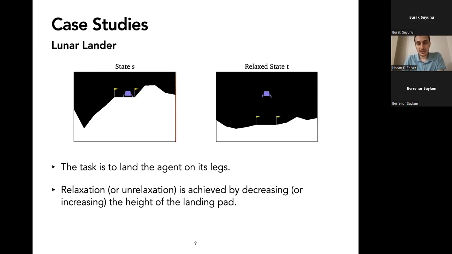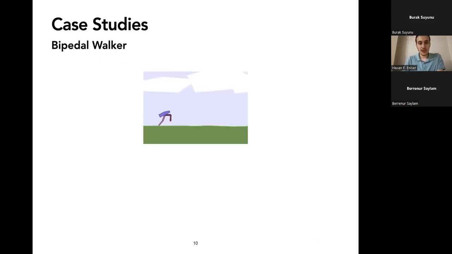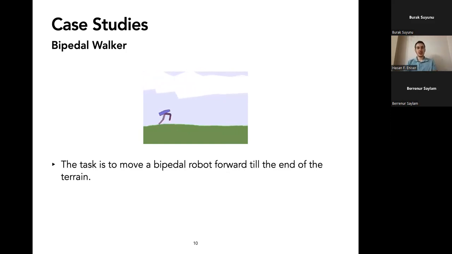So we say that if the agent is winning in the state S, but failing in the state T, we say that there's a bug in the policy. And the third case study is called bipedal walker. It is again an OpenAI gym environment, where the task is to move a bipedal robot forward till the end of the terrain.